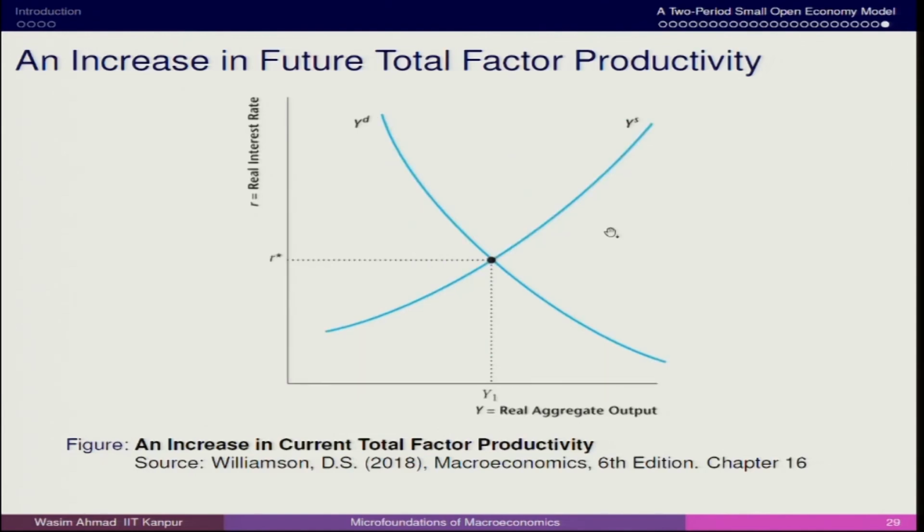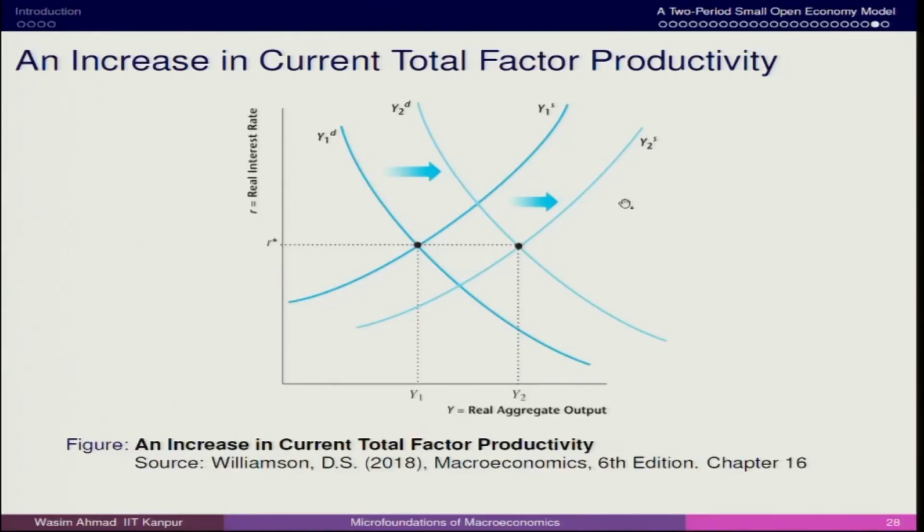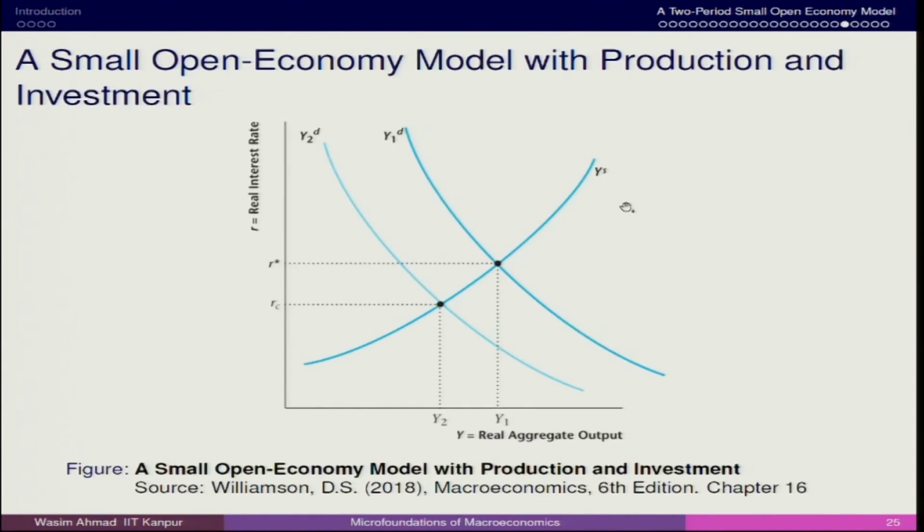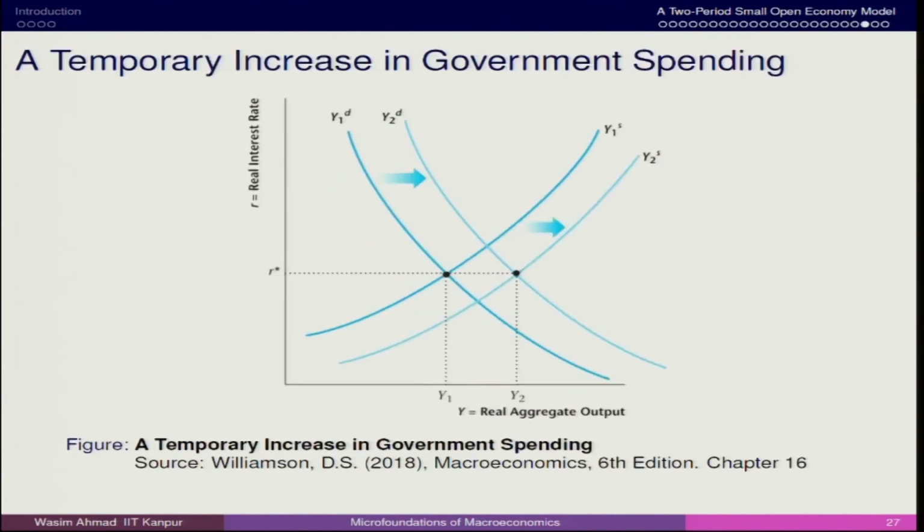In case of future total productivity, if you are going to have a forward looking scenario, then people may not be giving that much preference to the future. So, in that case your current account surplus may not rise, but in most of the cases we have covered, here also current account surplus will rise, here also, here also, and here it is highly likely.